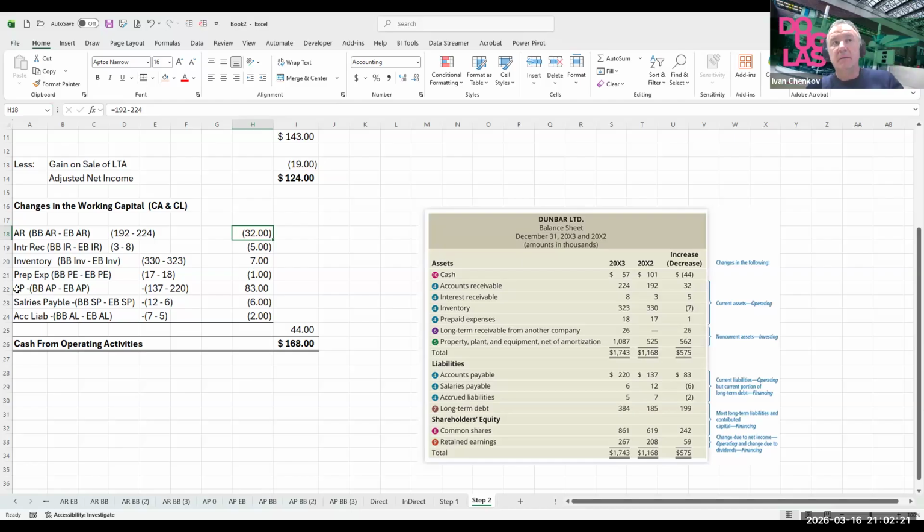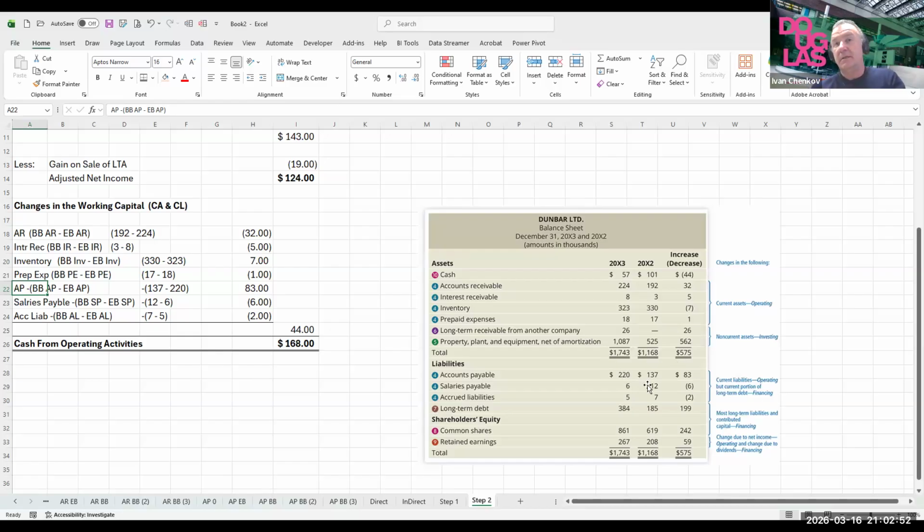For the liability, in order for this to work, you have to remember liability is on the other side of the accounting equation. So the beginning balance is on the credit side. For that reason, put a minus in front of the bracket, apply the same formula, beginning balance minus the ending balance. And then think about it. My accounts payable going up, my liability increasing, that means I'm not paying, I'm not using cash.